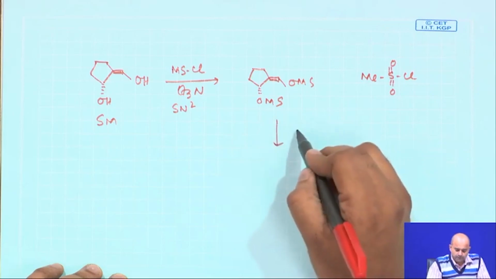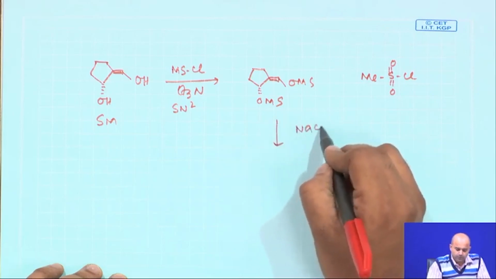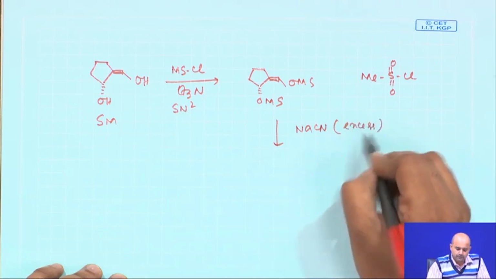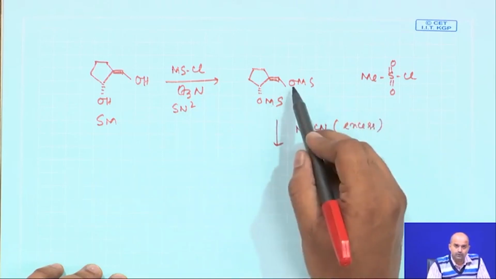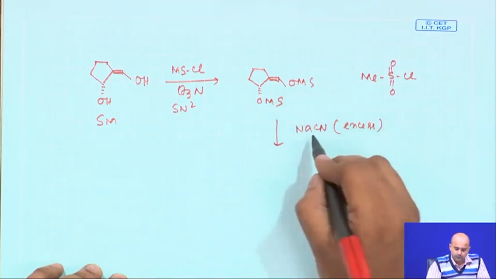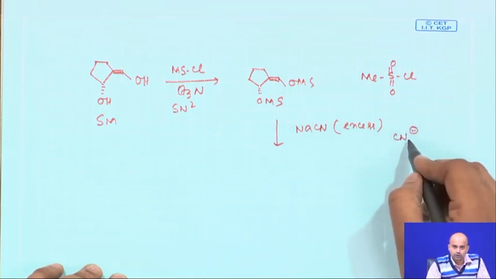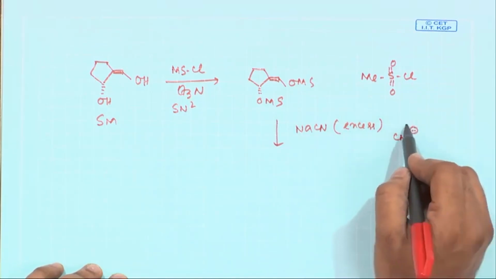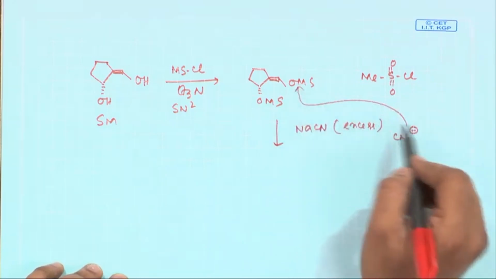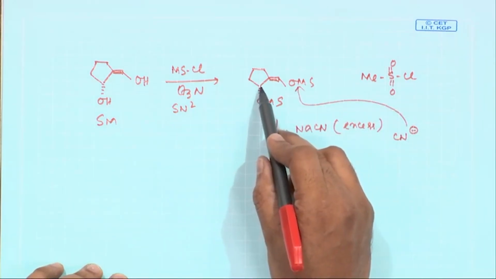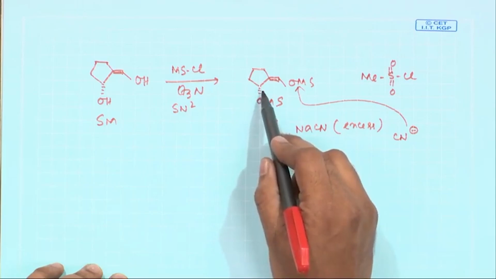Now, next you subject this molecule to excess sodium cyanide, because you need to convert both the mesylates to the corresponding cyano. Sodium cyanide is basically a source of cyanide, which is also a very strong nucleophile. Now, this cyanide will touch here. Here you are making a new carbon carbon bond, because you are introducing cyanide.